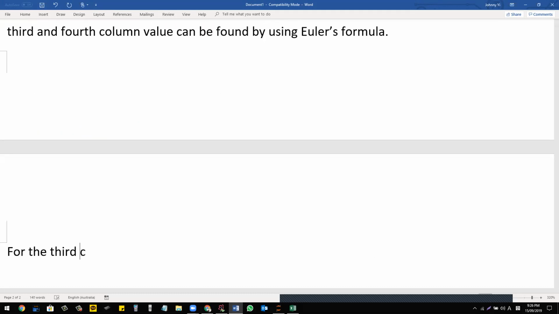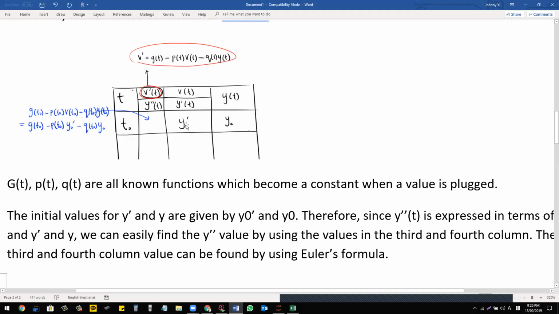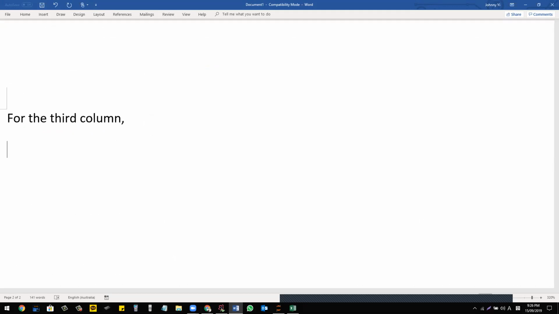For the third column, for this one here, you use this one plus that one times the step. So you can say that y dash 1, or 2, equals y dash 1 plus the derivative.